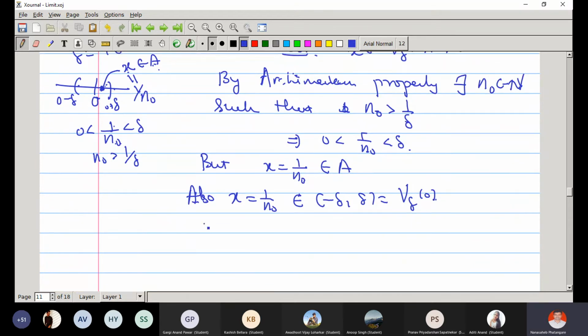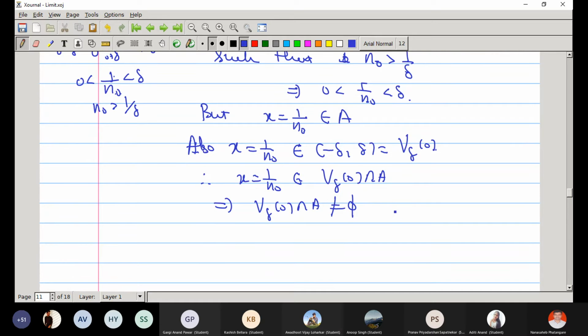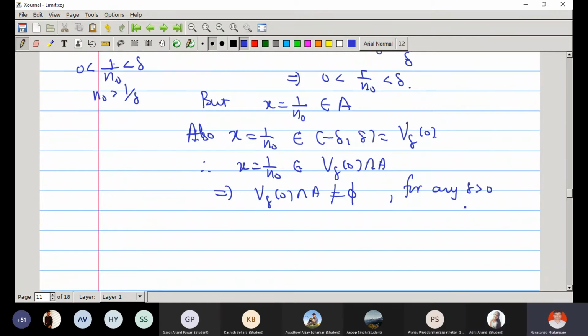Therefore x equal to 1 upon n naught is a member of V delta 0 intersection with A, and hence V delta 0 intersection with A is non-empty. Is it true for any delta? Yes, sir. Whatever smaller delta you select, I can produce n.